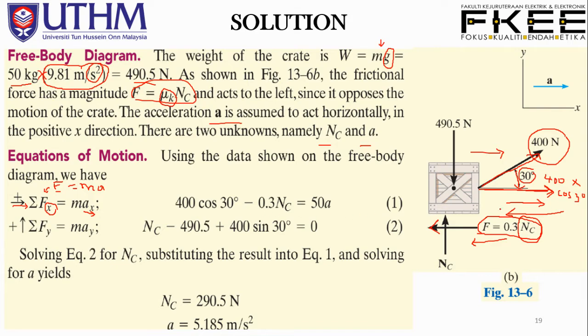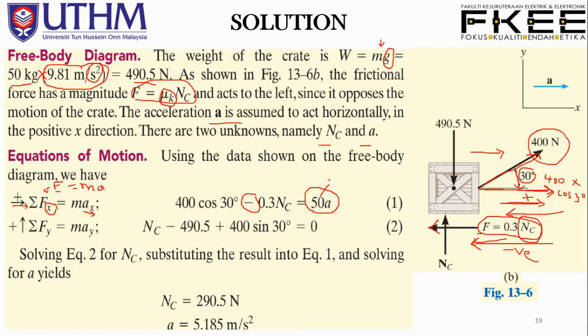To the right is positive, and then we have the opposite force, which is the frictional force. This is to the left, so it is negative. So you deduct 0.3 N C, equal to m a.